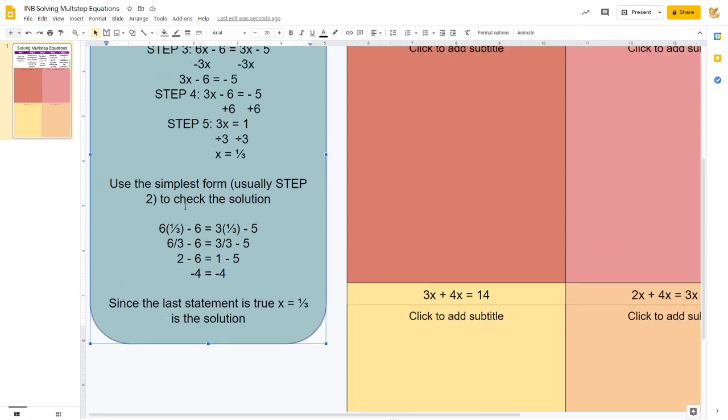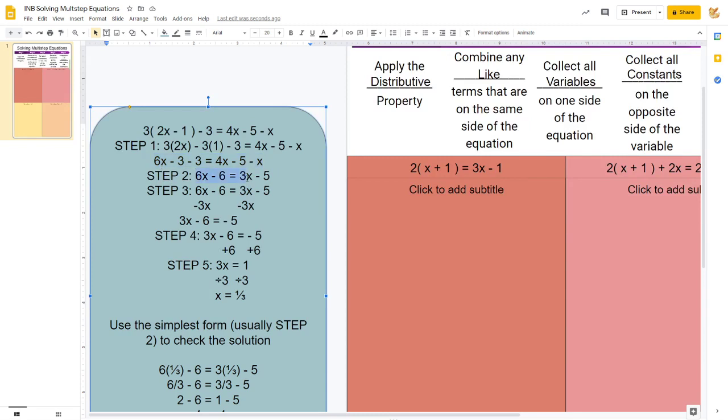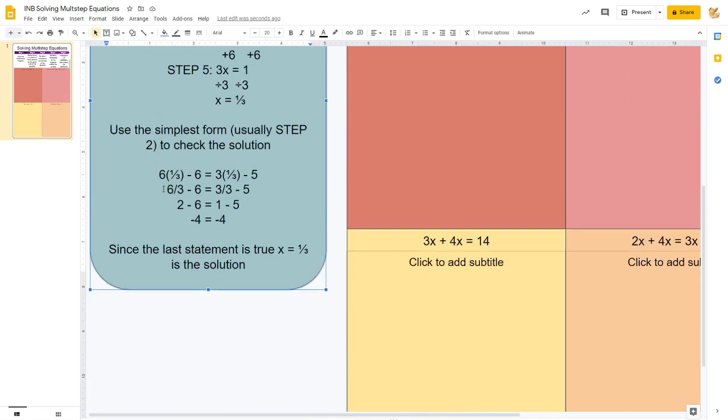So we plugged it in. So our problem was 6x minus 6 equals 3x minus 5. So 6 times 1/3 minus 6 equals 3 times 1/3 minus 5. So when you multiply a whole number by a fraction, the whole number multiplies by the numerator, the top number.